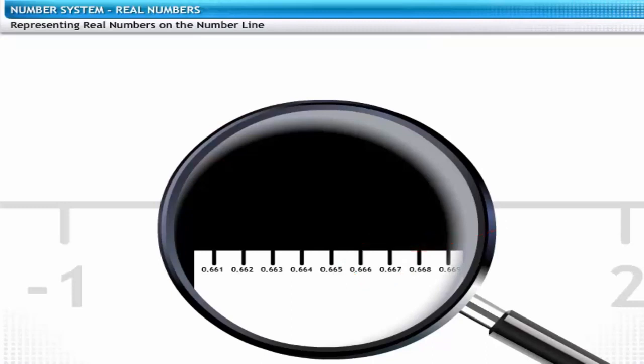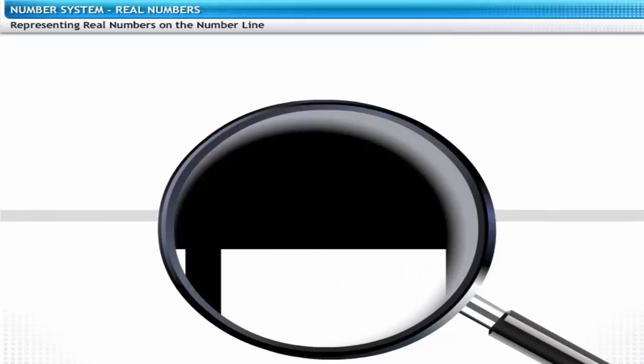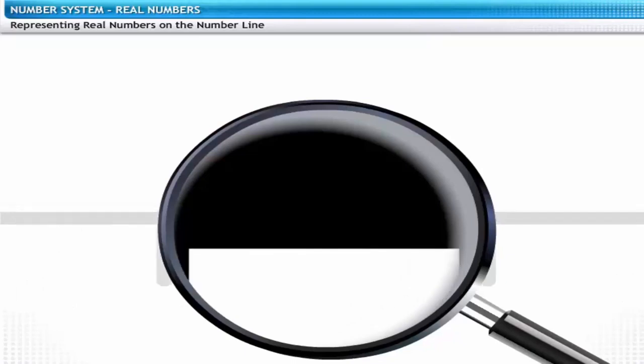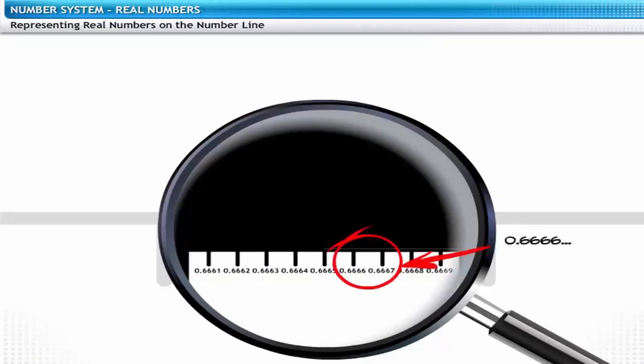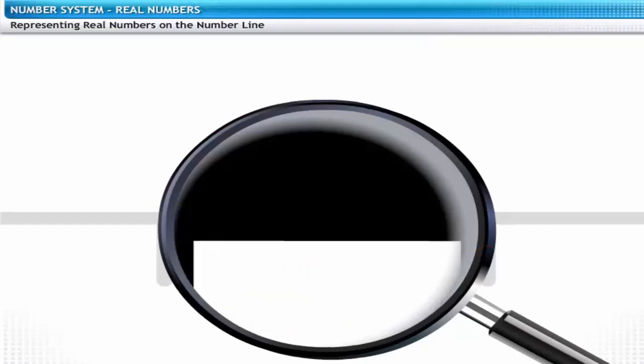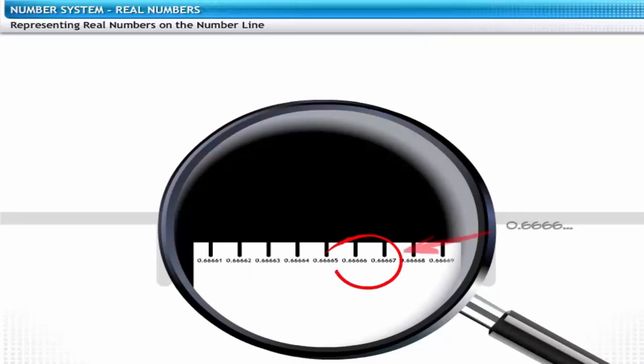Let's magnify the section and observe closely. Next, divide them into 10 equal parts and represent them as shown. Now, you can locate the decimal expansion in this section of the number line. If we keep on continuing this process, then the degree of accuracy will be more.